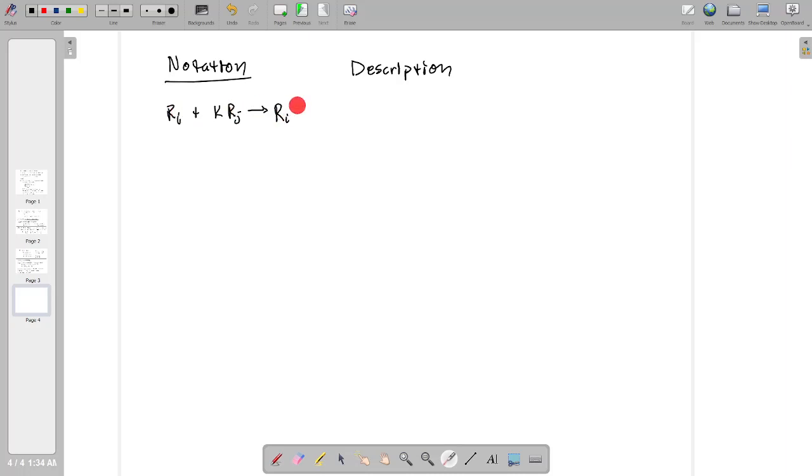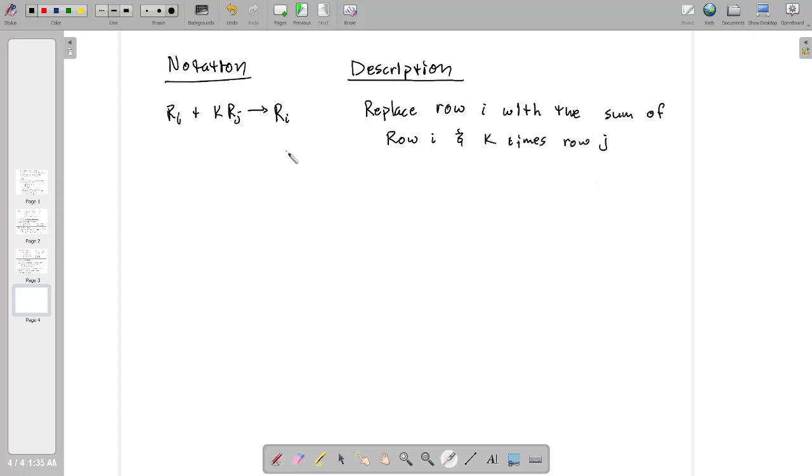So in this particular one, we're replacing row i. Here, we're taking a constant multiple of row j. We can also take a constant multiple of row i. That's also fine. And we don't need to add, we can also subtract. So there's a lot of little details here that are sort of assumed that are not necessarily exactly what we want to do in practice. Replace row i with the sum of row i and k times row j is what we mean by this one.